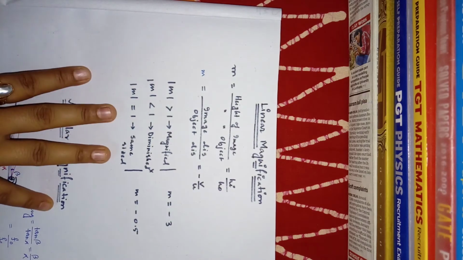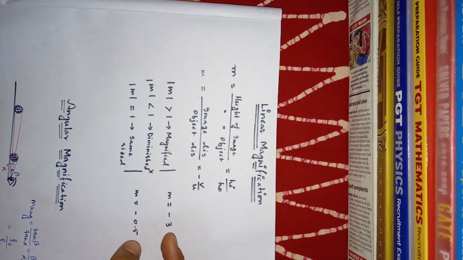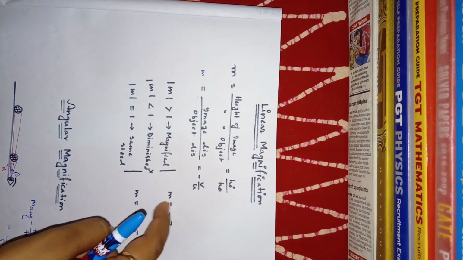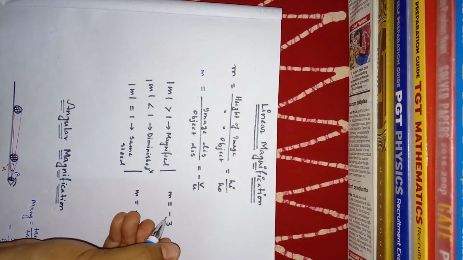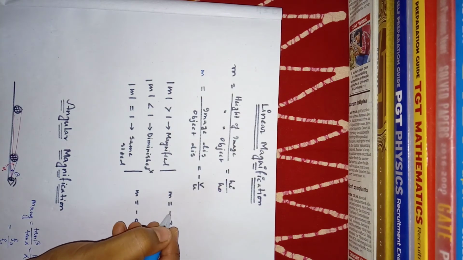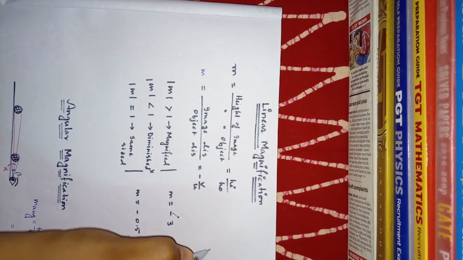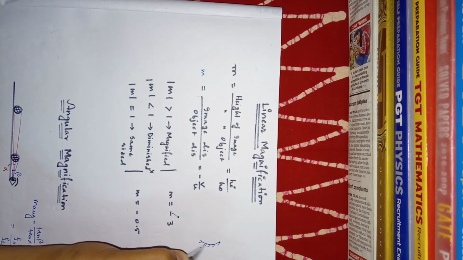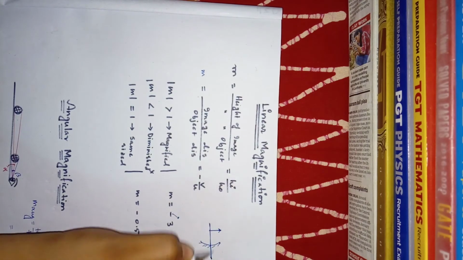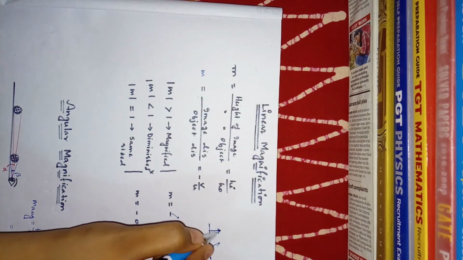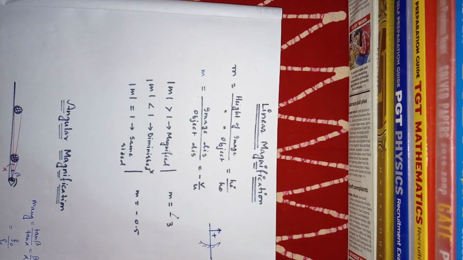Now here I'm taking two different examples of how the magnification of a particular lens or mirror, well, not lens, of course a mirror. Now we just discuss mirrors. How will this magnification tell us about the nature? See, this is -3, right? So minus here indicates, suppose this is your mirror and this is the principal axis, if the image is formed in that direction, it will always be positive.